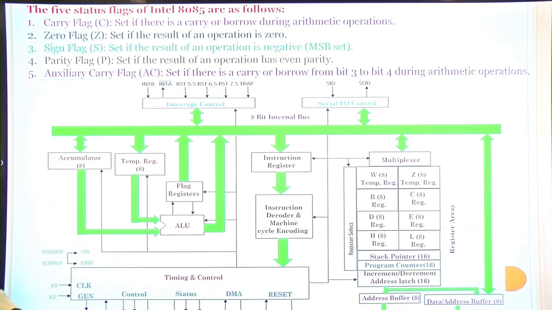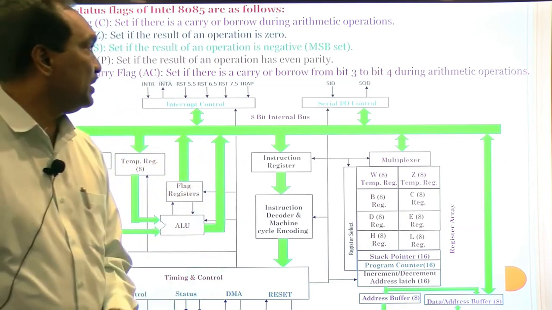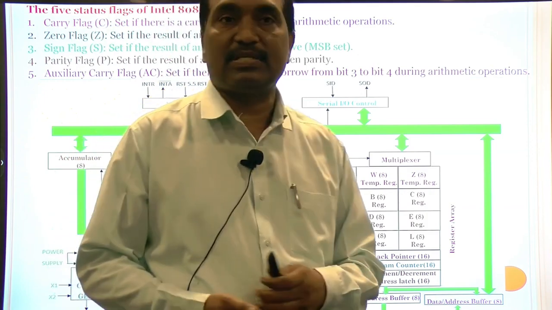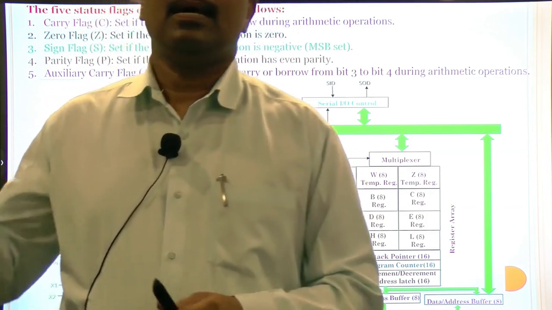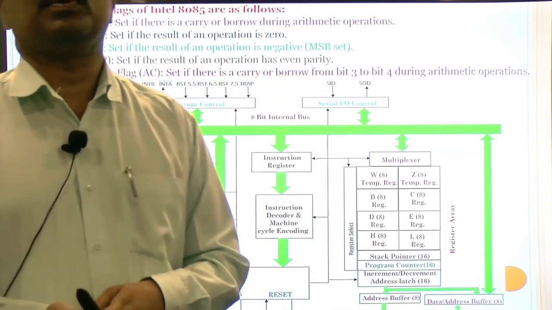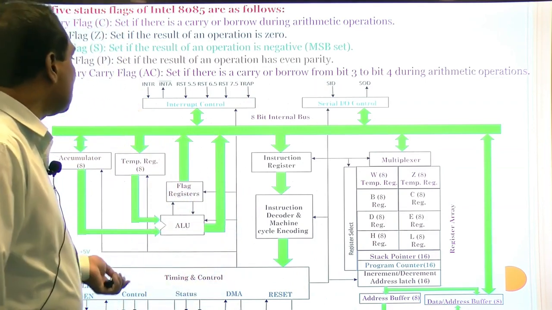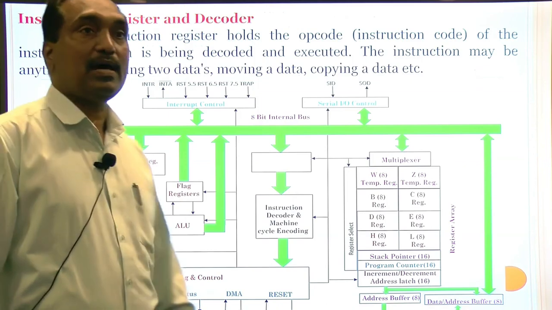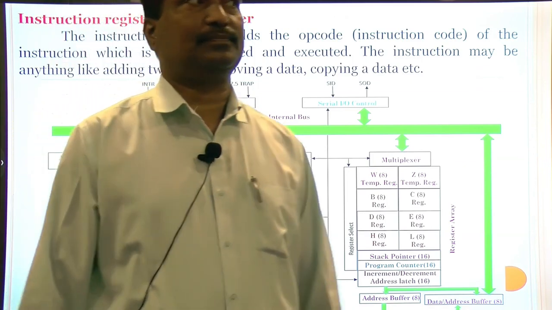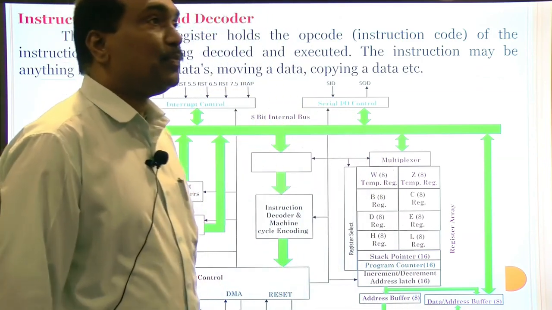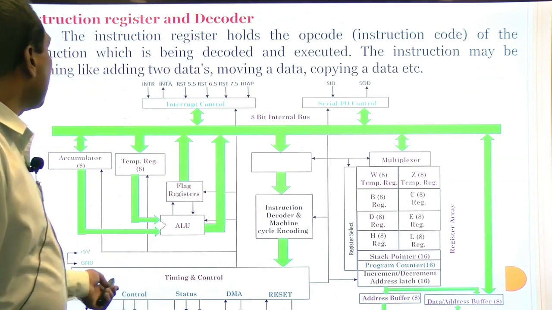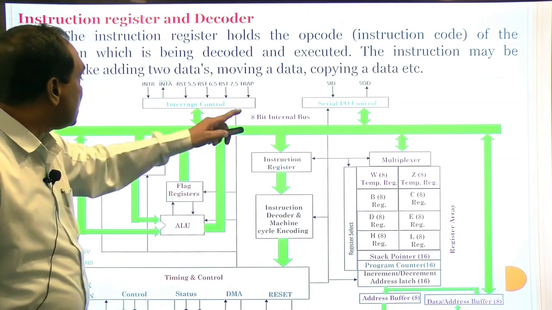And the auxiliary carry flag is used if there is a carry or borrow from bit 3 to bit 4 during arithmetic operations. These are the importance of the different flag registers available in the 8085 microprocessor. And one more important part of the 8085 microprocessor is the instruction register and decoder.